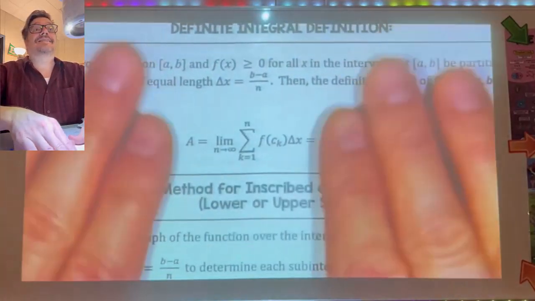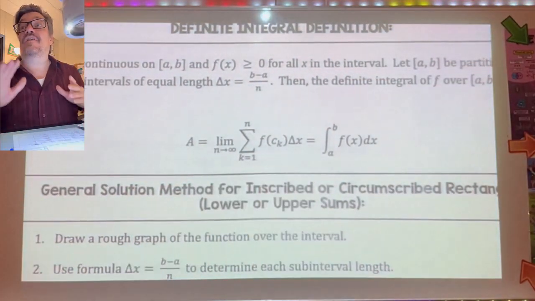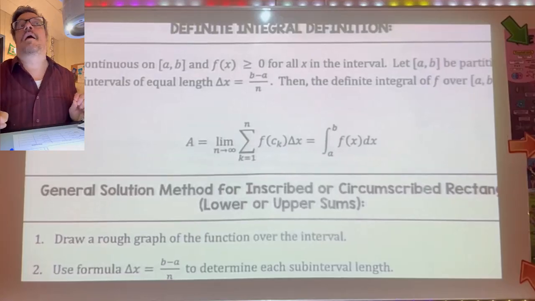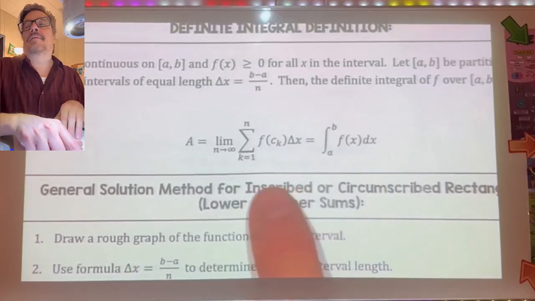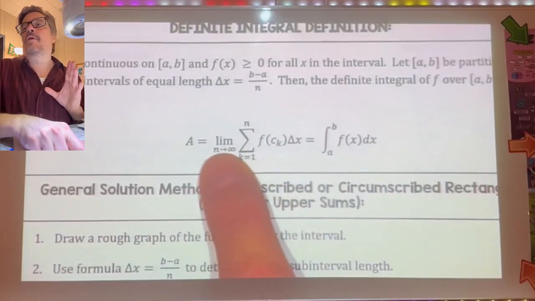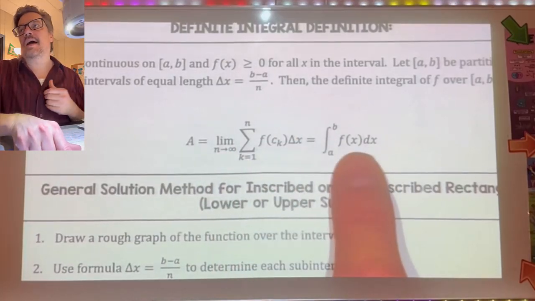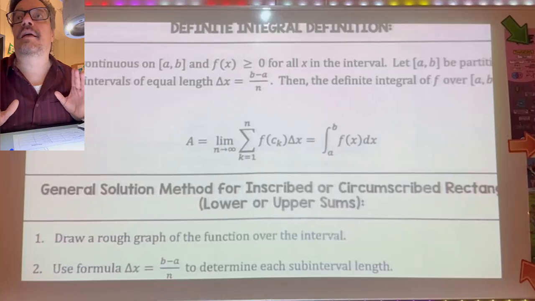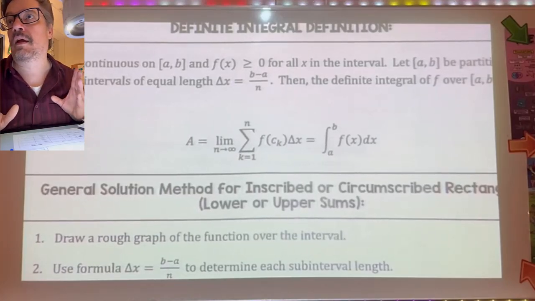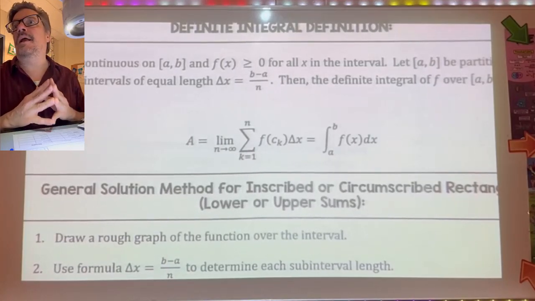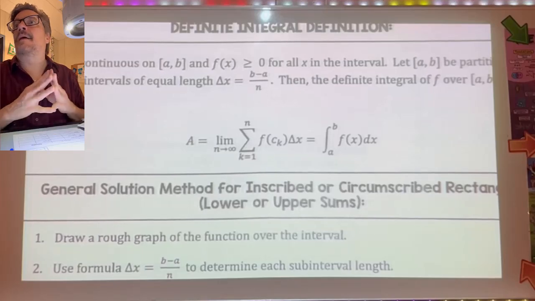Riemann figured out that if I take the limit of an infinite number of rectangles and add them up, I'm going to get this guy. It was absolutely brilliant that you could add infinitely many rectangles in a mathematical process.